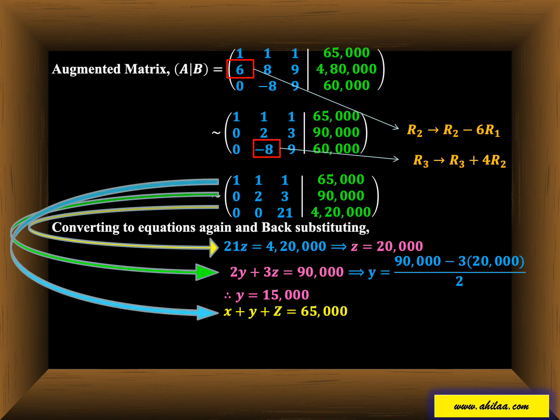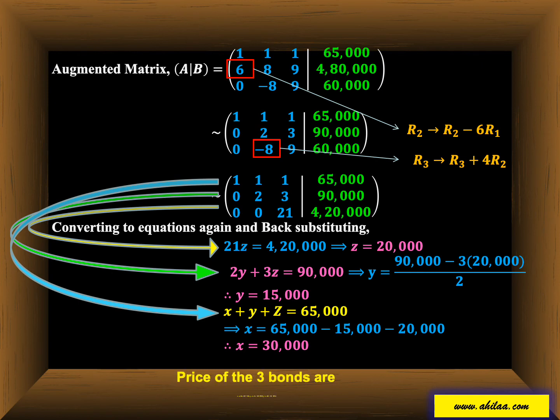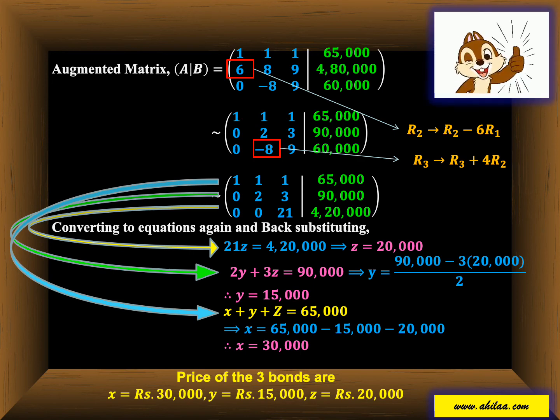Similarly, from the first row, x plus y plus z equal to 65,000. Substituting the values of y and z, we are getting x equal to 30,000. Therefore, the price of the three bonds are x equal to rupees 30,000, y equal to 50,000 rupees, z equal to 20,000 rupees. Got it? Very good.